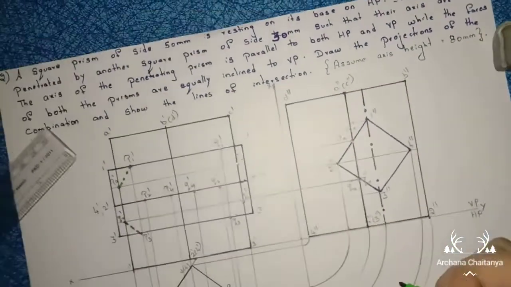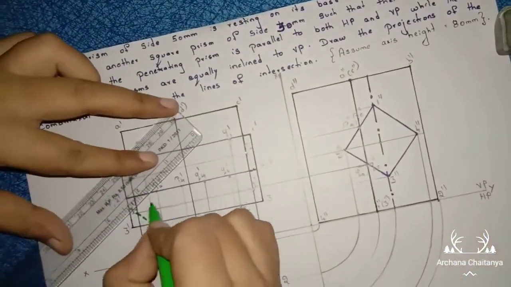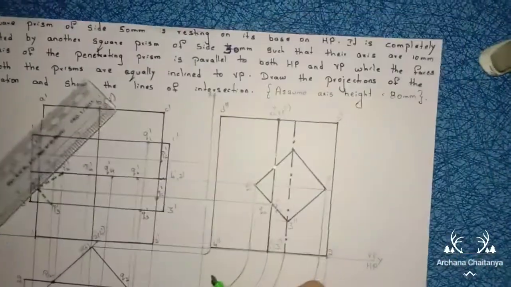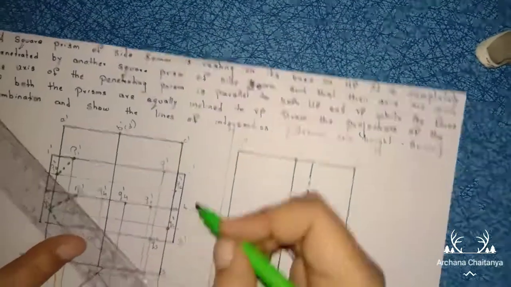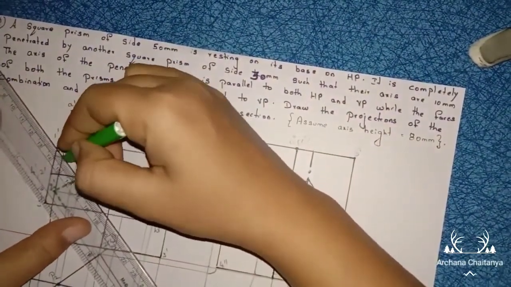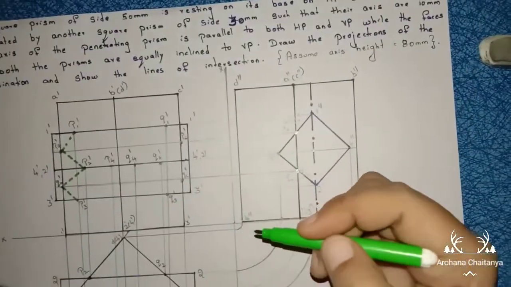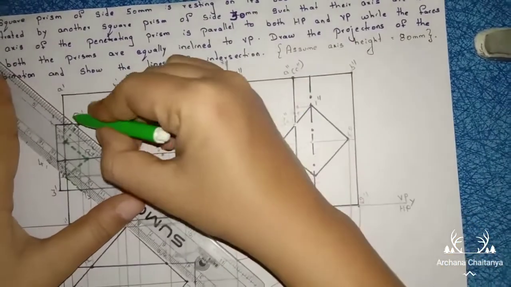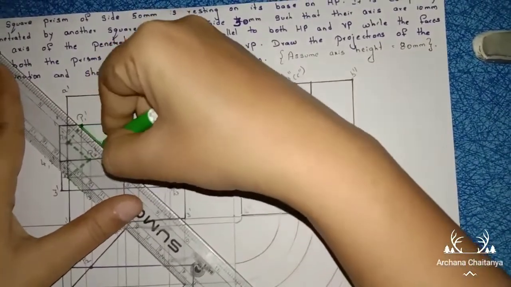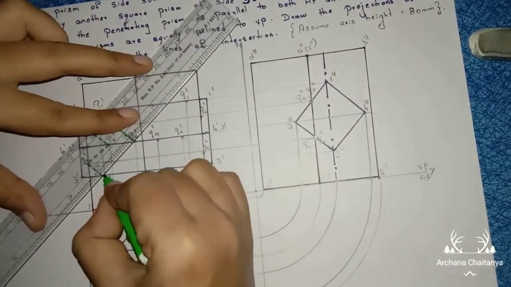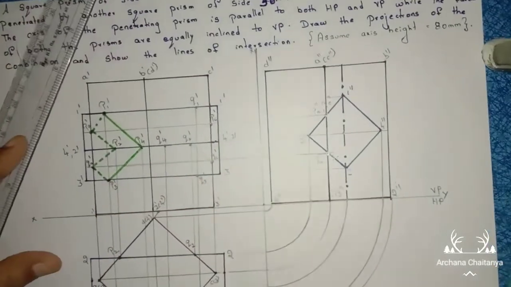Right, then next join this QA dash to P2 dash. Then next join this P2 dash to PA dash. Right, now join this here P1 to P4. Right, again P3 to P4.